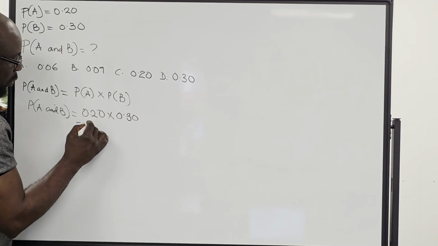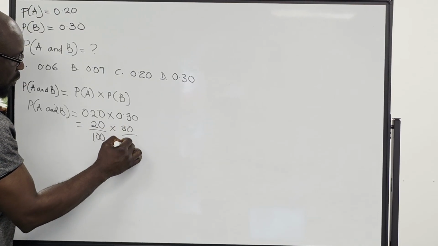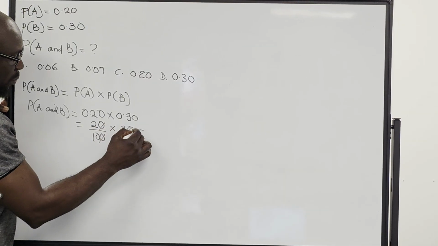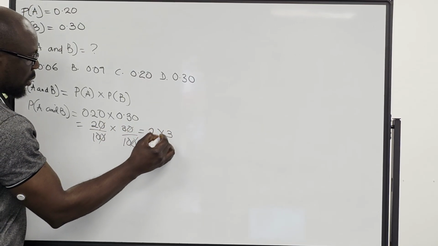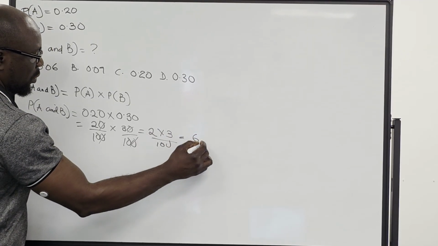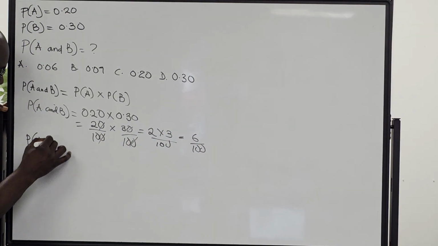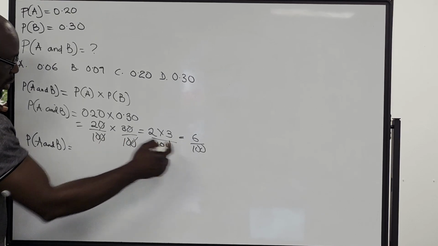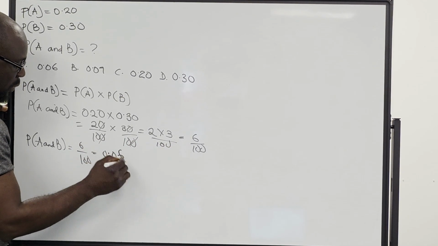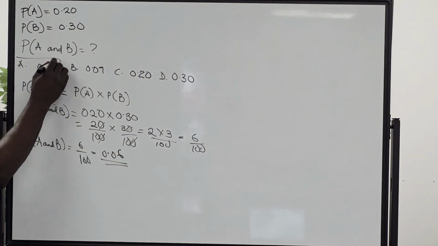So if you do this, it is 20 over 100 times 30 over 100, right? So let's cancel this out, let's cancel this out. This gives us 2 times 3, 10 times 10 is 100, right? So 2 times 3 is 6 over 100. So the probability of A and B is 6 over 100, which is the same thing as 0.06. So the answer is 0.06, and that is option A.